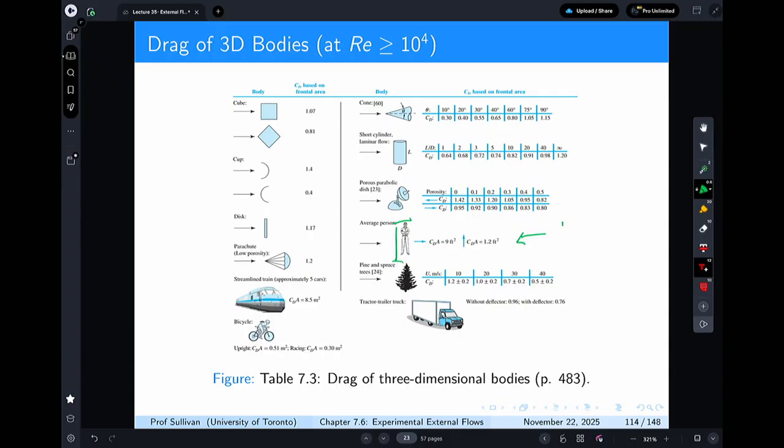So the average person varies. You have the disk, you have another disk where it's a circular shape, but you're approaching it, and parachutes with a low porosity. Streamlined trains, bicycles, and there's been a lot of work looking at bicycles and other things of that nature.